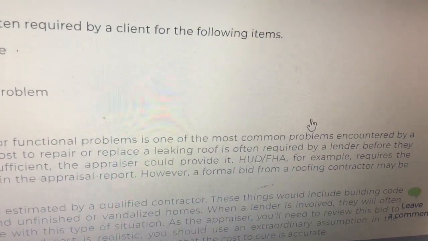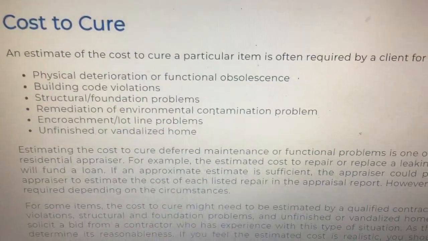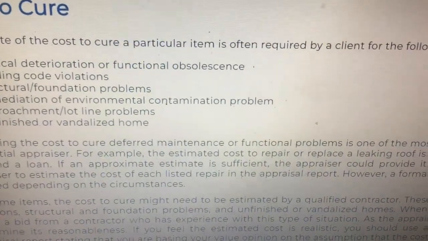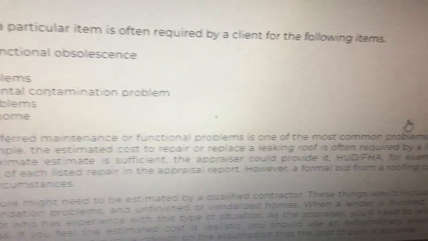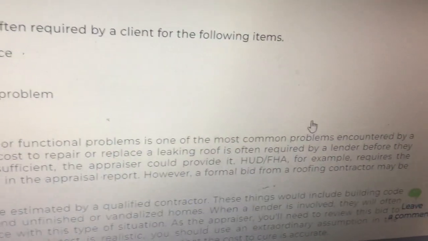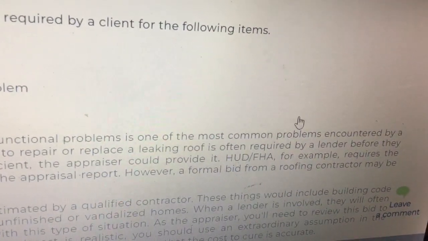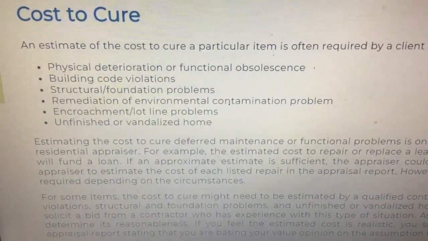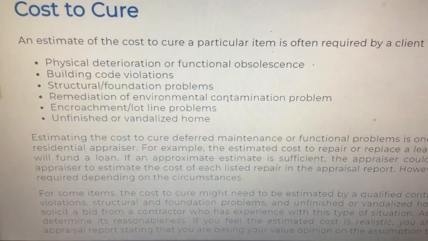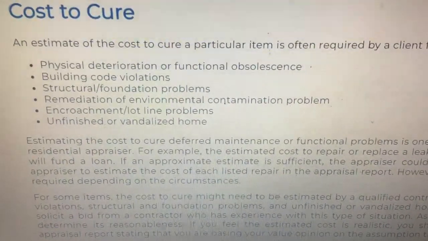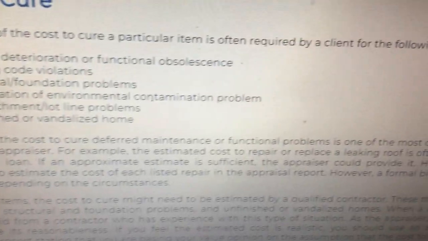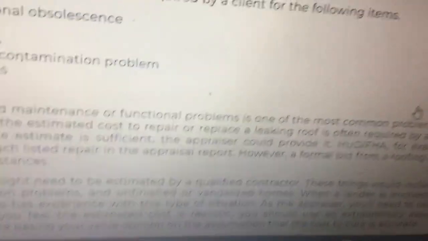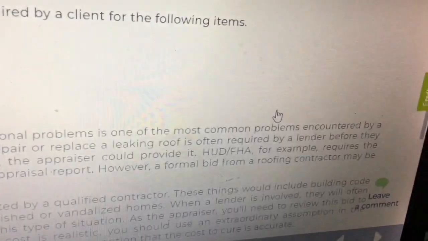HUD/FHA, for example, requires the appraiser to estimate the cost of each listed repair in the appraisal report. However, a formal bid from a roofing contractor may be required depending on the circumstances. For some items, the cost to cure might need to be estimated by a qualified contractor.